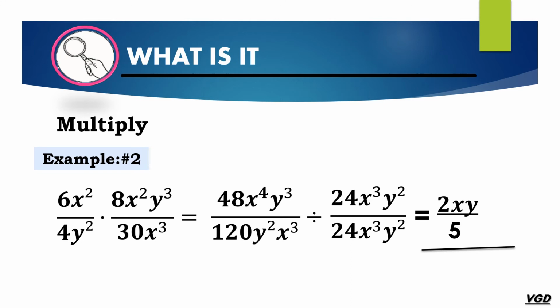Since we applied the law of exponent, the quotient rule, x cubed minus x cubed is equal to x to the power of 0, and it is equal to 1, and y squared minus y squared is equal to y to the power of 0, and that is also equal to 1. So 5 times 1 times 1 is equal to 5. So our simplified expression is 2xy over 5.